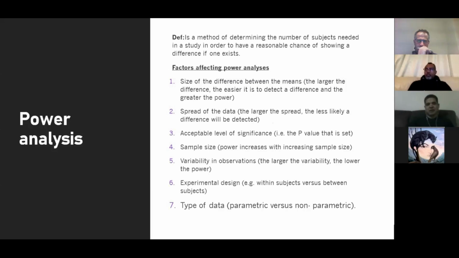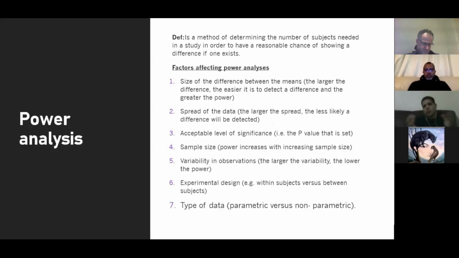Another thing is power analysis. Power analysis is a method of determining the number of subjects needed in a study. If you are going to do research about something, you have to know the exact number needed to detect a valuable result for your research, and that is called power analysis. How can you get that?